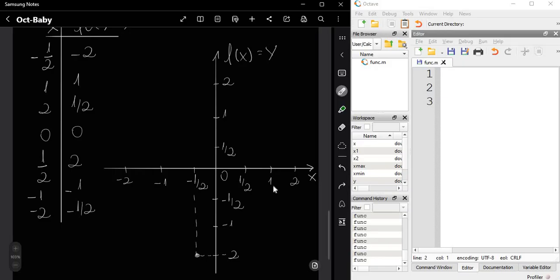For x equal 1, we got 1. For x equal 2, we got 1 over 2. For x equal 1 over 2, we got 2.